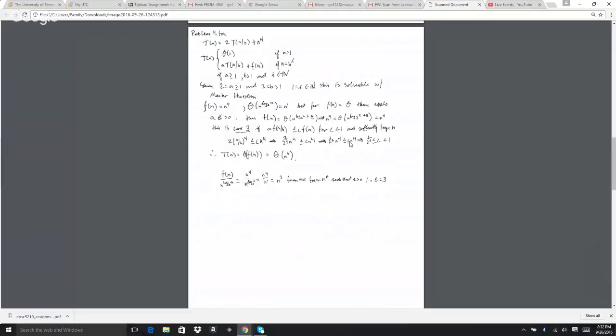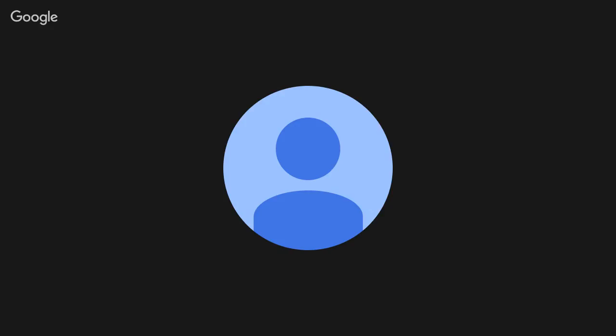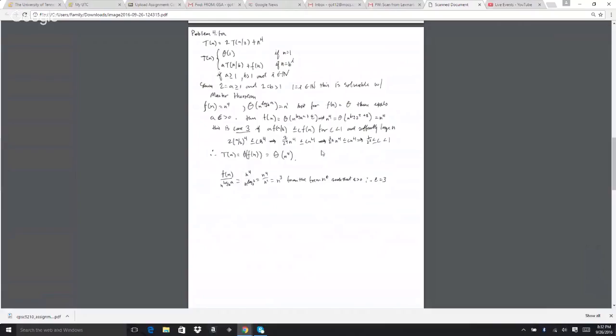And now if you divide n to the fourth on both sides, one eighth is less than or equal to c. That's clear from the math. But again, c can be between those two bounds. Therefore, case 3 does hold. T of n, the total runtime, is equal to theta of f of n, which is equal to theta of n to the fourth.